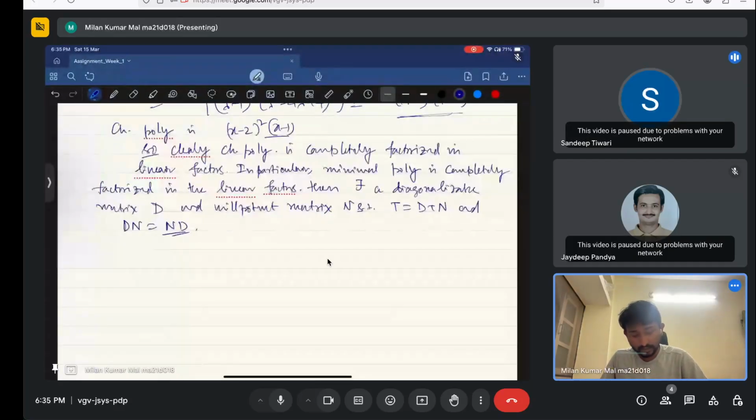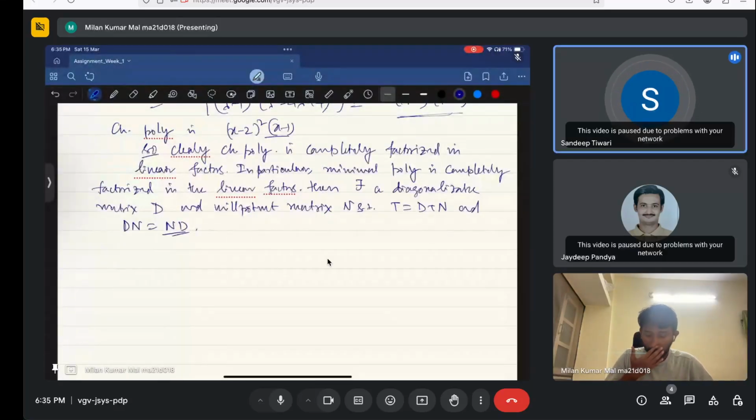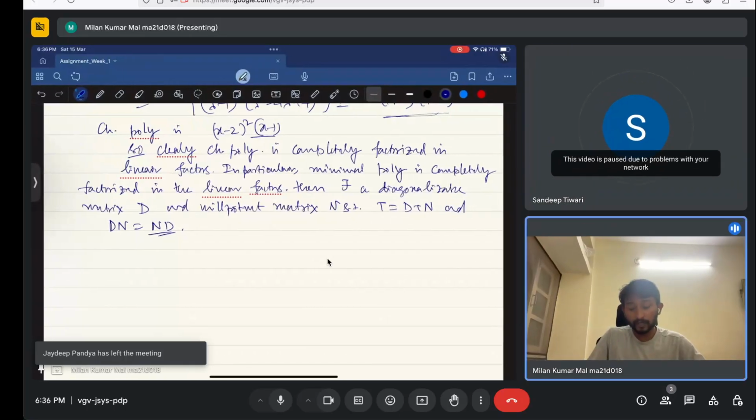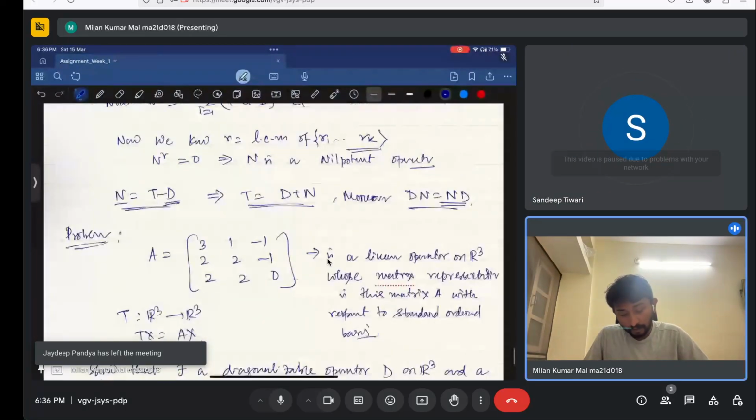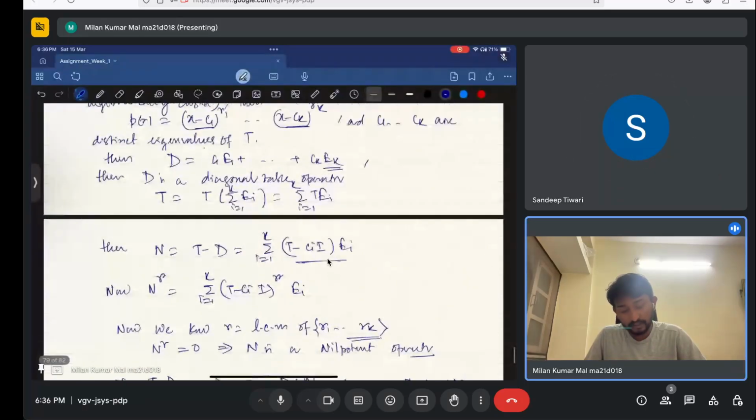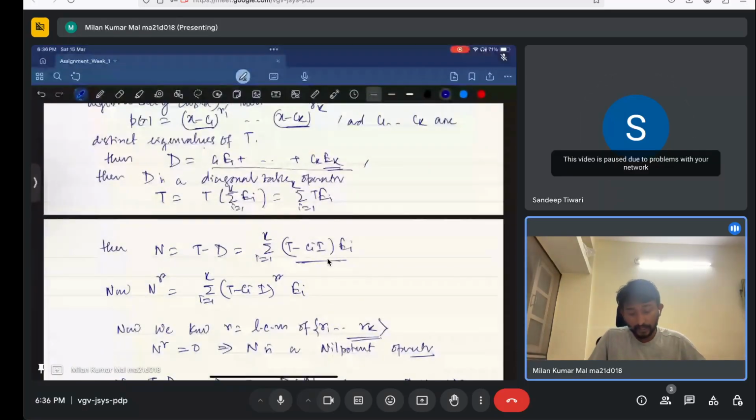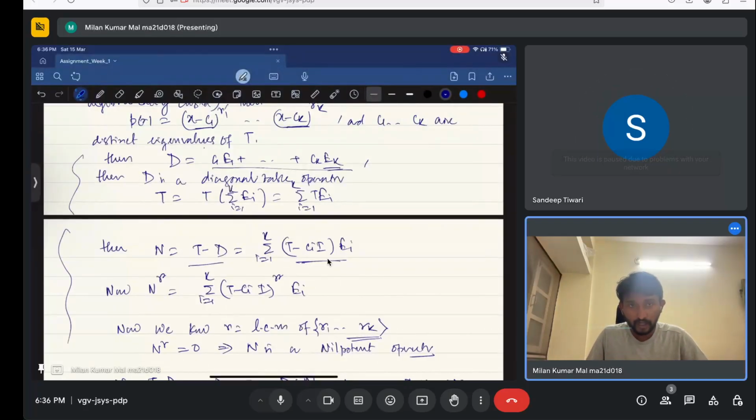This answer is coming from the primary decomposition theorem. Whatever discussion we have done here, one can take the D operator as something like the summation of c_i E_i, and take N as T minus D. This is a theorem I'm proving, but not writing it in full form. If we have the primary decomposition theorem, then assume the factors are all linear factors.